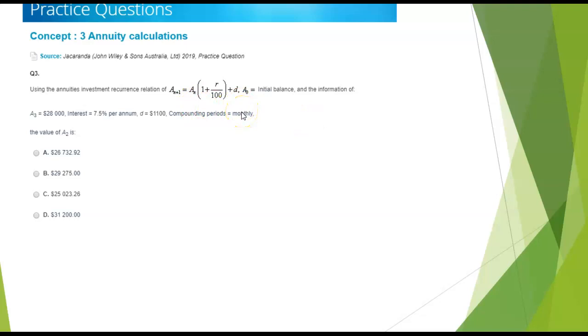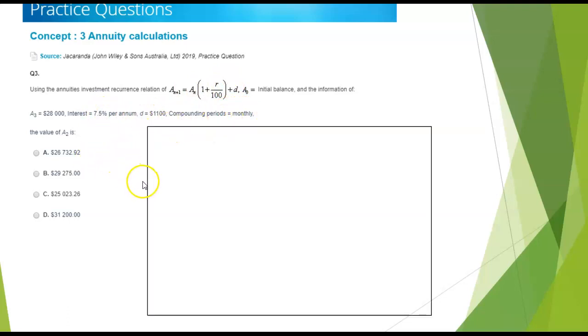So our R is going to be 0.075 divided by 12. Here is our recurrence relation where we've substituted in the R times A2 plus our 1100.